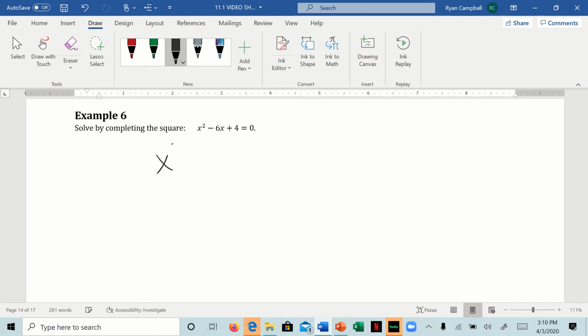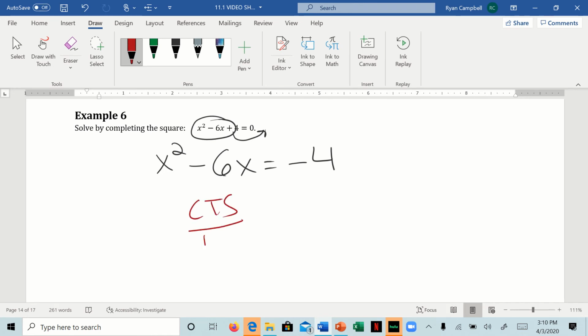All right, so step 1, make sure to get everything off to the other side. So all you want is your x squared plus 6x, or plus bx. So we subtract off the 4 to get -4. Then we want to complete the square. So we have b divided by 2 squared.